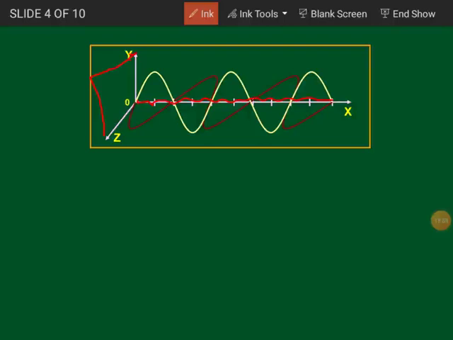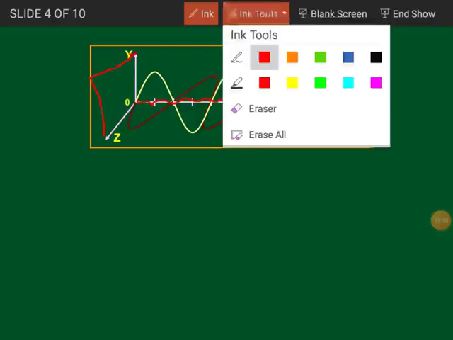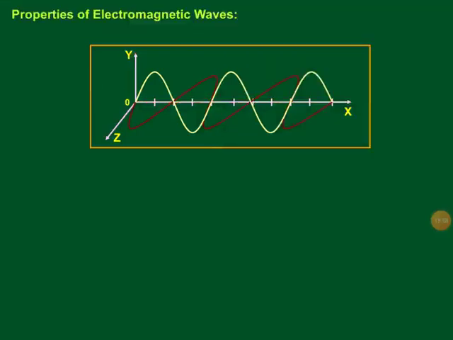Let's see the propagating nature of these electromagnetic waves. Now if you see this, it is propagating along the x-axis, right? Have you seen?